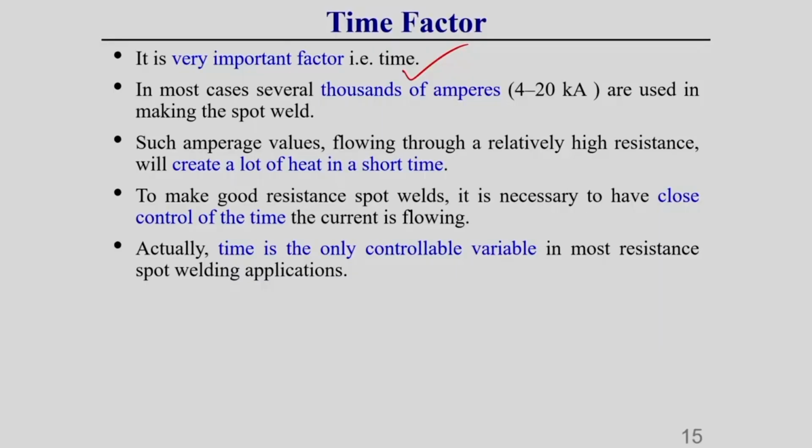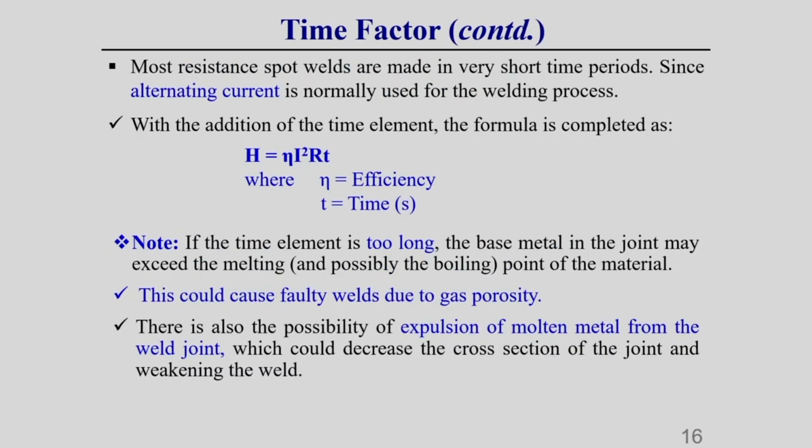That is why it is a very important factor. Actually, in resistance spot welding, time is the only controllable variable, and to get a good weld quality the time factor is most important. Let me discuss this a little bit.